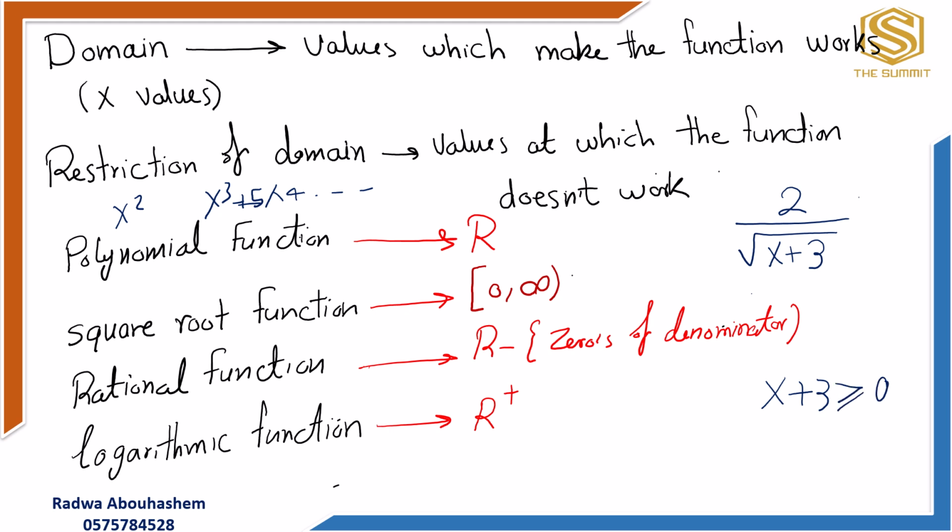Good? Good. So the 3 here transposes, so x is greater than or equal to negative 3, but without the equal sign, because x plus 3 is greater than 0, so x is greater than negative 3. So any value above negative 3, this is my domain. So here I'm starting from negative 3 to infinity.